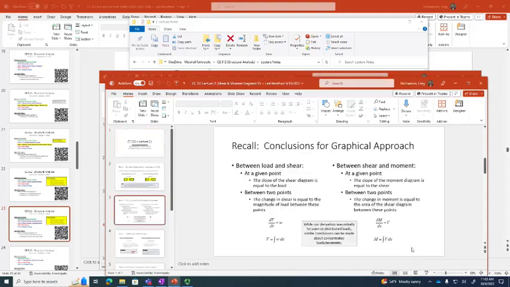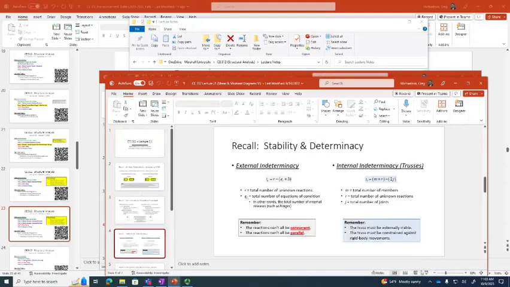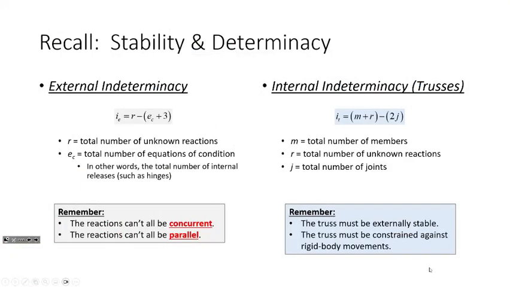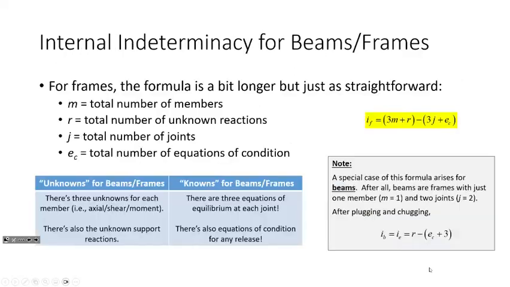Okay. All right. Last time we talked a little bit about stability and determinacy, and I'm not going to go through this in great detail again. Just recognize that in our last exam, we were able to classify structures based on their external stability and determinacy. We were also able to classify trusses on their internal stability and indeterminacy. We hadn't yet talked about beams and frames and their internal indeterminacy. The expression is very similar.